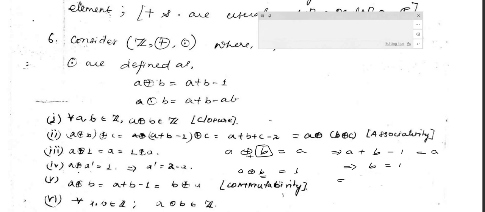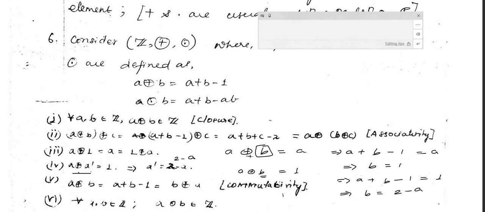So this in turn implies that A plus B minus 1 equals 1, and this in turn gives B to be 2 minus A. So we have the inverse to be 2 minus A. So if A prime is considered as the additive inverse of A, then that A prime can only be 2 minus A. Here instead of A prime, we have taken B, that's it.